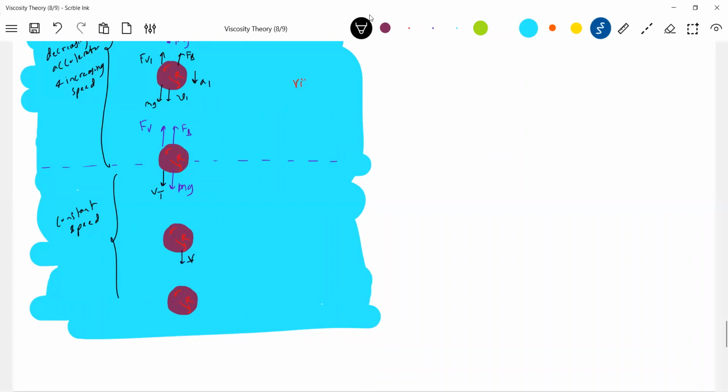I'll show it like this. Don't think that no forces are acting. All the forces are acting, but the net force will be 0, and it will continue with its uniform velocity motion, constant speed. This Vt is called terminal speed.